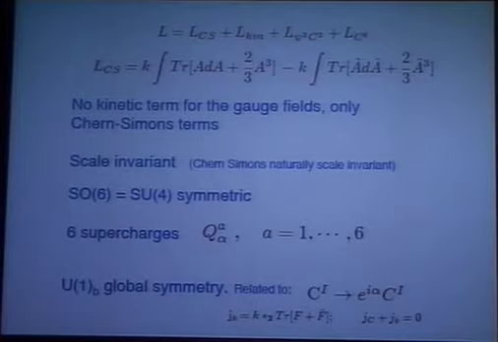The theory has an SO(6) or SU(4) symmetry, and it will have 6 supercharges, which transform in the vector representation of SO(6). In addition, we'll have a U(1), which we call U(1) baryon global symmetry, and it's related to changing the phase of all these scalars. It's essentially that, except for a minor thing, which is that this symmetry is actually gauged. However, there is a second conserved U(1) current, which is given by the trace of the gauge theory fluxes.